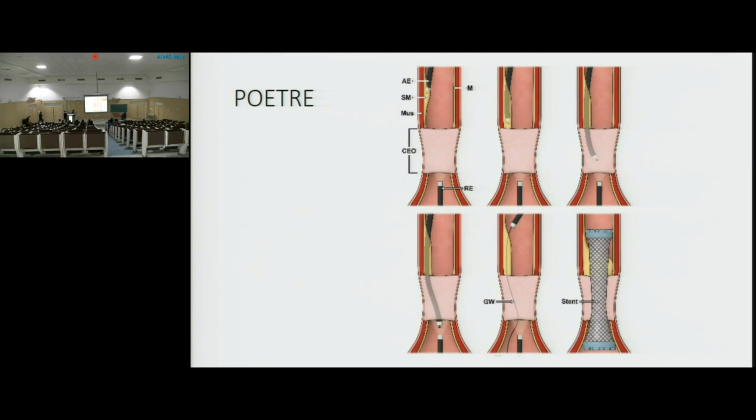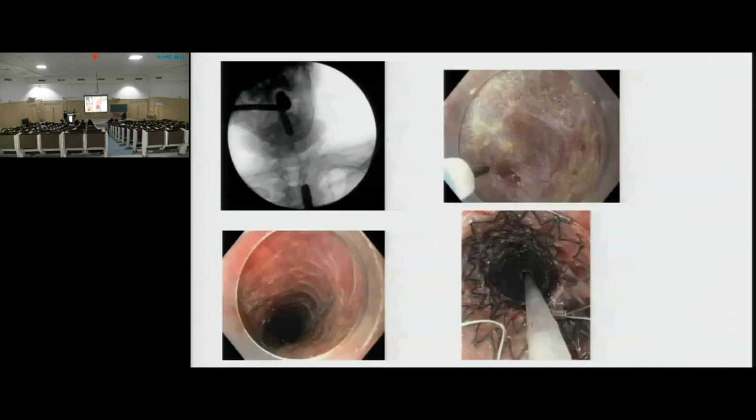So after doing this submucosal tunneling, the guide wire through the submucosa comes out into the mucosa, and we can see with this scope. So once the other scope comes from submucosal tunneling here, then we put a guide wire, and over the guide wire we put a stent. After this stent, you can remove the stent, and usually the lumen is restored, but this is only a case series of 4 patients.